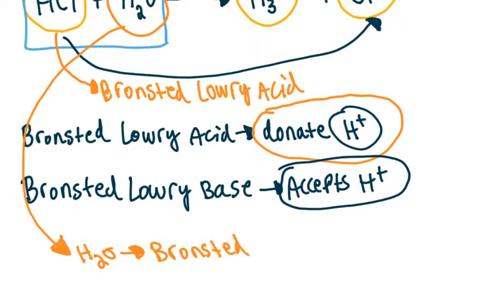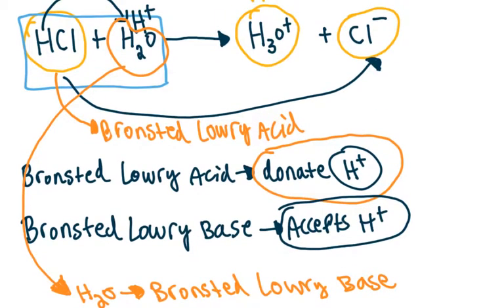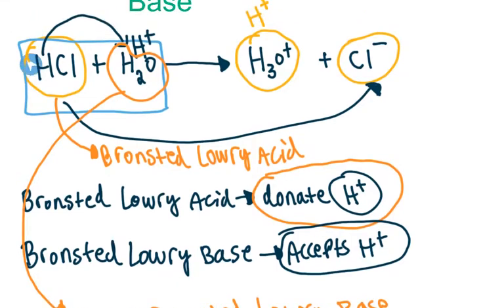That makes sense, because again, let's look at the definition of a Bronsted Lowry acid. We said it's a compound that donates a hydrogen cation. Here we see HCl turning into Cl minus. Where did the hydrogen cation go? It can't just disappear. We see that the hydrogen cation went to the H2O. H2O accepted the hydrogen cation because HCl donated it, and that caused the H2O to turn into hydronium, making an acidic solution.